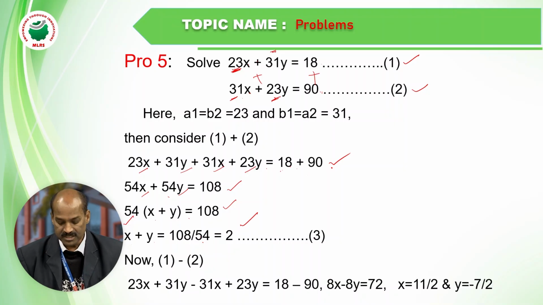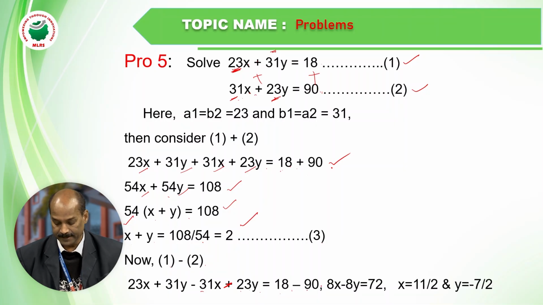Okay, now we got this equation 3 by adding equation 1 and 2. Similarly, now subtract the second equation from first equation, that is 1 minus 2. Then what happened? Left hand side subtraction and right hand side is also subtraction. So then we get 23x plus 31y minus 31x, and this becomes minus 23y equal 18 minus 90.